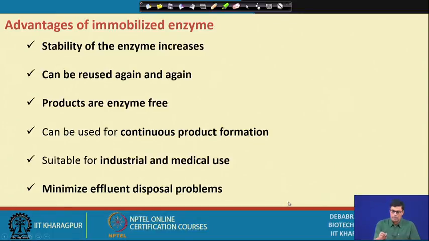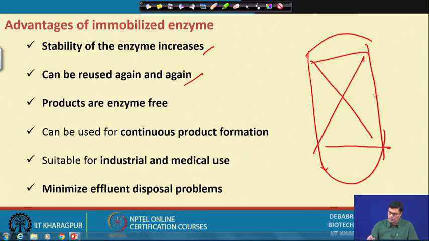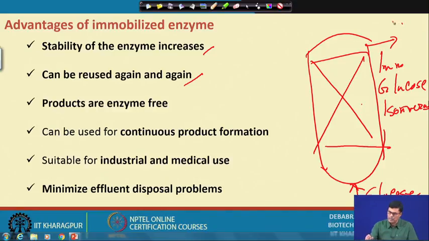The advantages of the immobilized system: first, the stability increases, which we already pointed out, and it can be reused again and again, which I also pointed out. Suppose in a big column you put your immobilized enzyme, and you want to produce fructose from glucose. You immobilize the glucose isomerase enzyme here, and you will get the fructose.